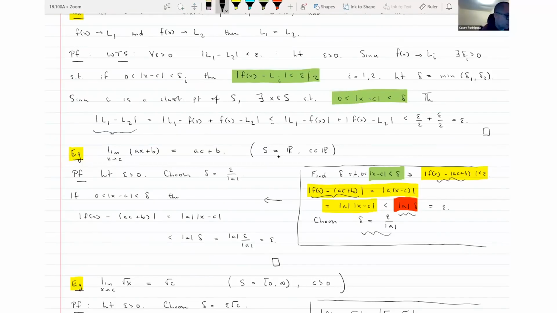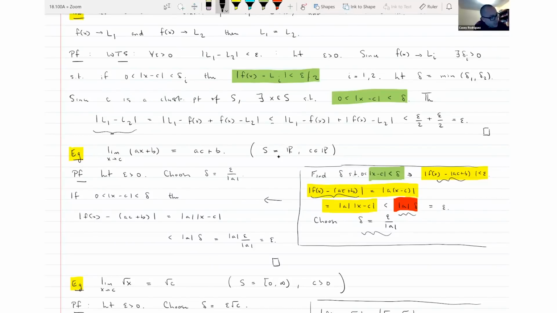Okay, so I'm not solving the inequality I want, which is f of x minus ac plus b. I'm starting with what's on the left, estimating it using my assumptions, and then at the end choosing delta so that I come up with epsilon in the end.